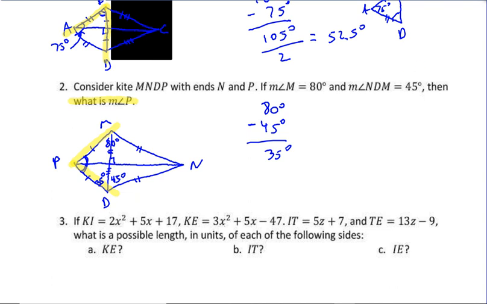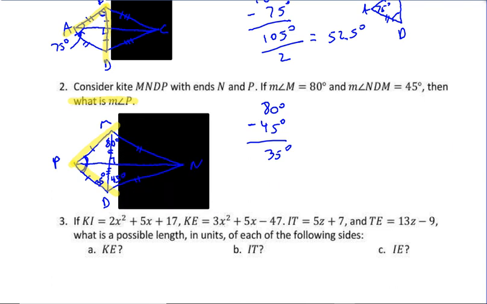Again, if I take the image and cover the section that I'm not discussing and look just at the triangle PMD, I would see that angle D is 35 degrees, which we just figured out, and then angle M is 35 degrees because again we have an isosceles triangle and the base angles are congruent.